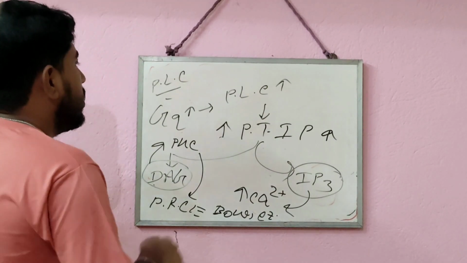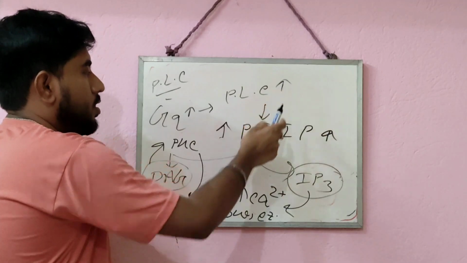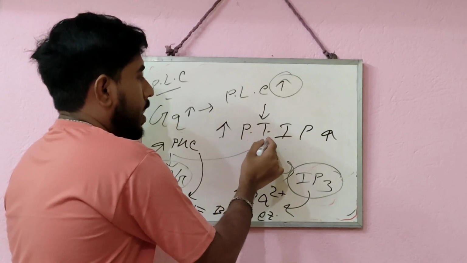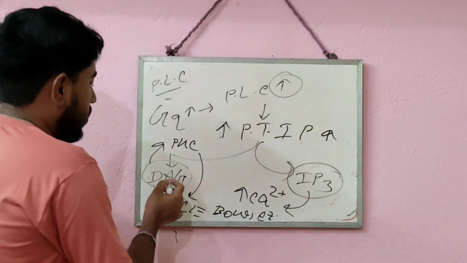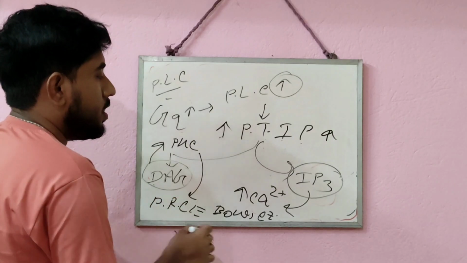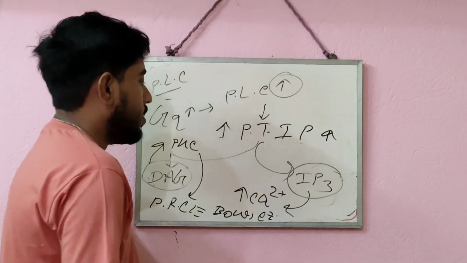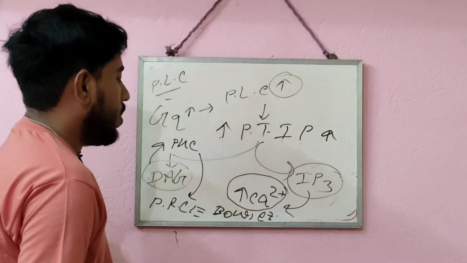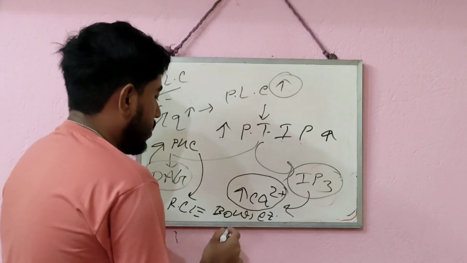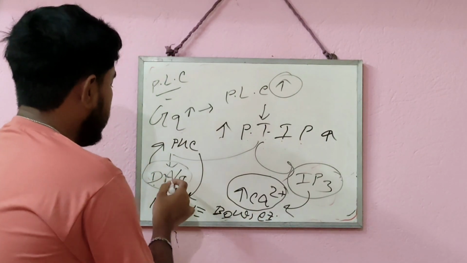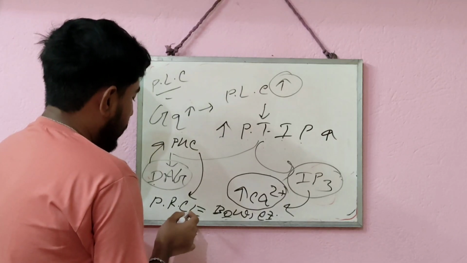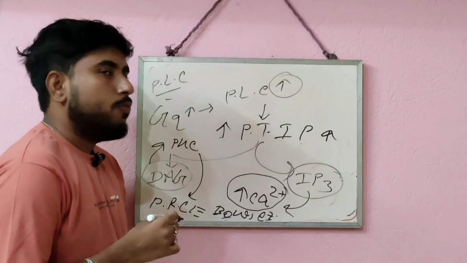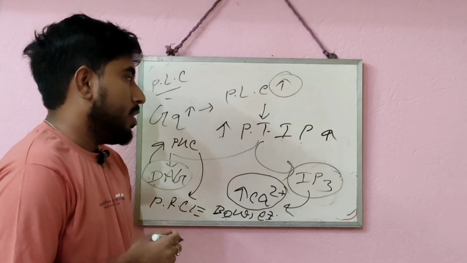In that pathway, the Gq protein activates phospholipase C, which leads to the cleavage of phosphatidyl inositol phosphate into two parts, diacyl glycerol or DAG, and IP3, inositol triphosphate. IP3 helps in the release of calcium ion into the cytosol, which helps in activation of enzymes, and DAG will lead to the activation of the PKC enzyme. That PKC helps in the phosphorylation of certain enzymes present in the cytosol.